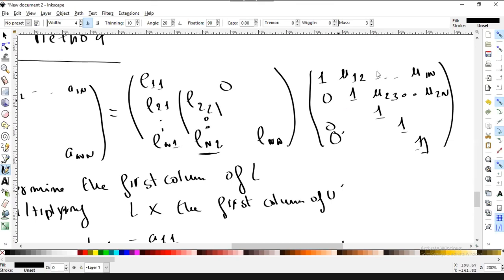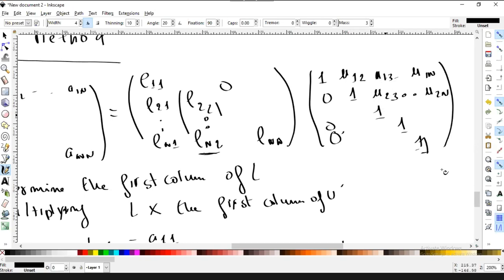So this is the U13. This element here: L21 U13 plus L22 U23 is equal to A23. And then I determine the U23 here.